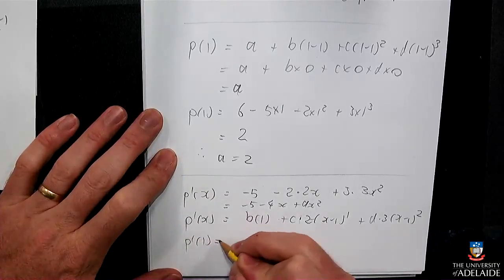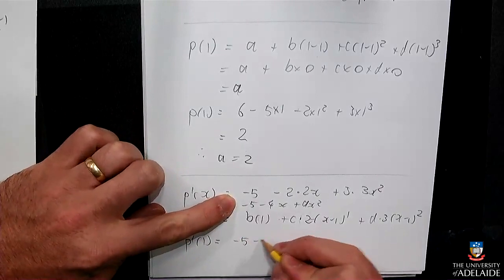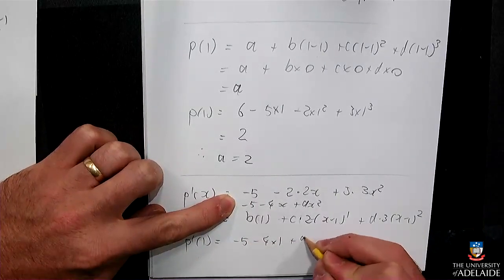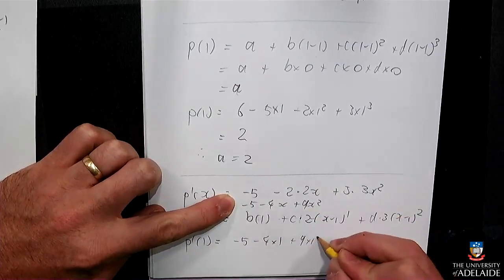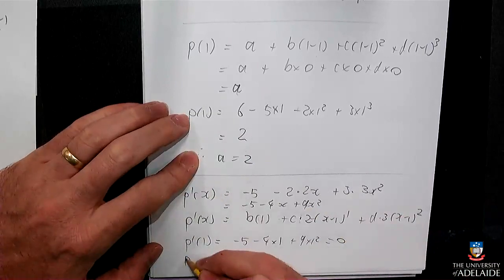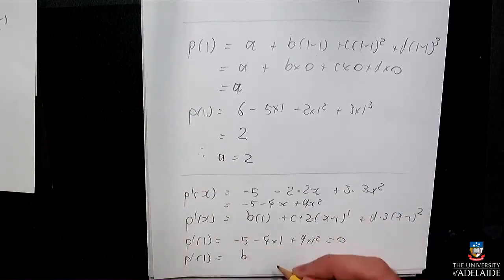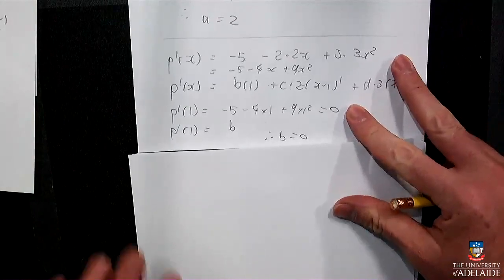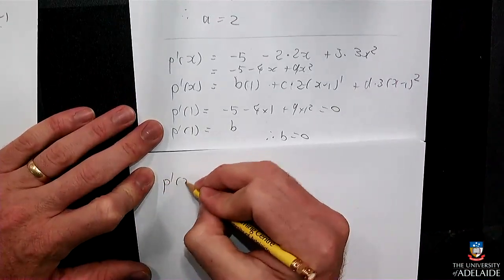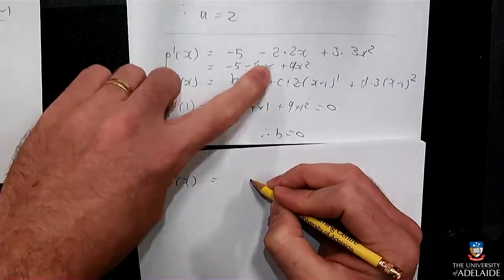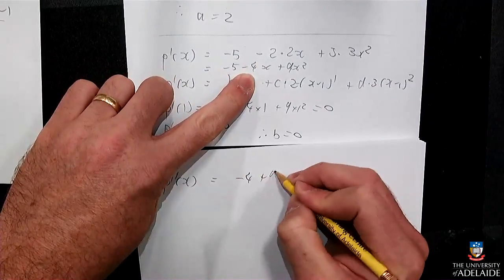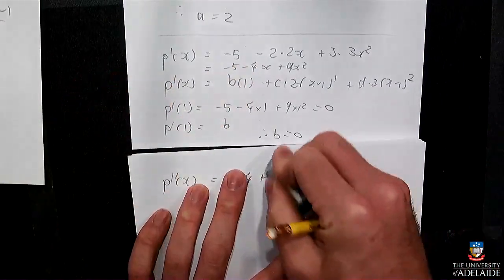So p dashed of 1, according to the first one, is negative 5, negative 4 times 1, plus 9 times 1 squared, which is 0. P dashed of 1 on this one is just b, and so therefore the b is 0. And I can continue down this road. Double dashed would be negative 4 plus 9x times 2.